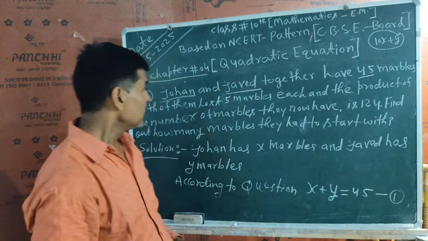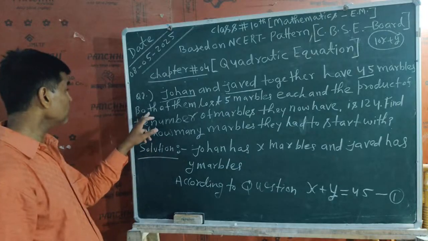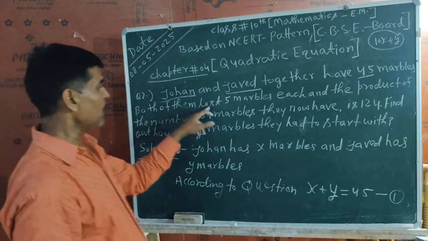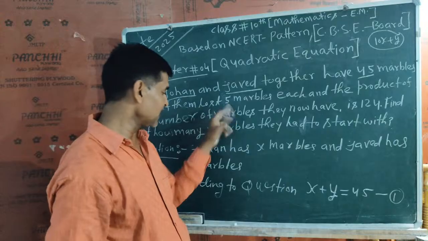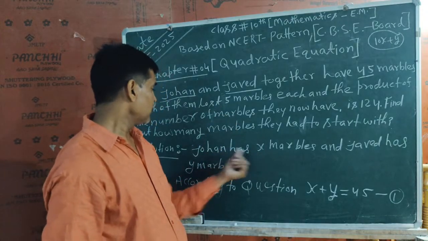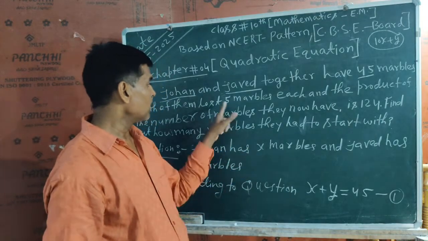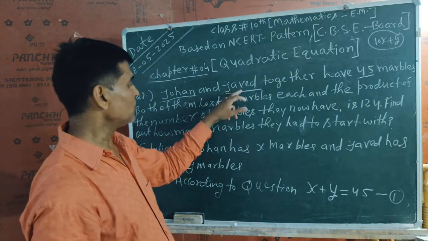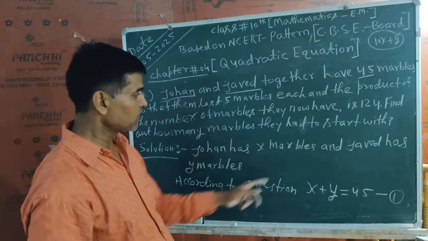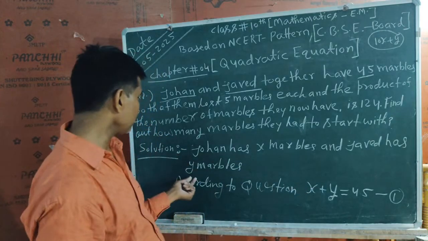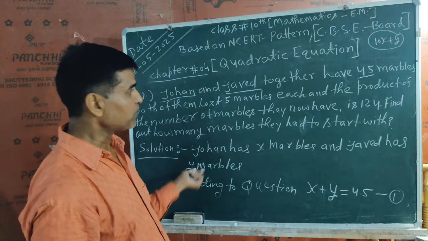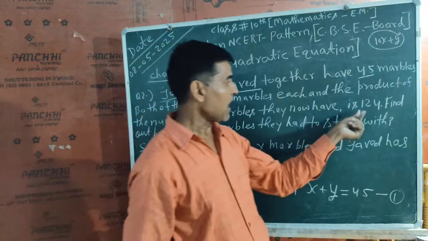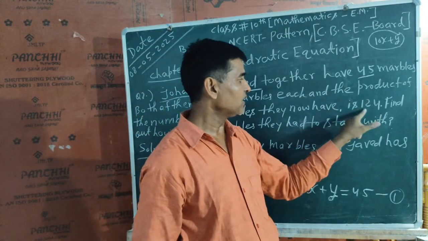Okay student, now further both of them lost 5 marbles. It means that Johan is losing 5 marbles from x, and Javed is also losing 5 marbles from y. So after multiplication of both, I will get 124.